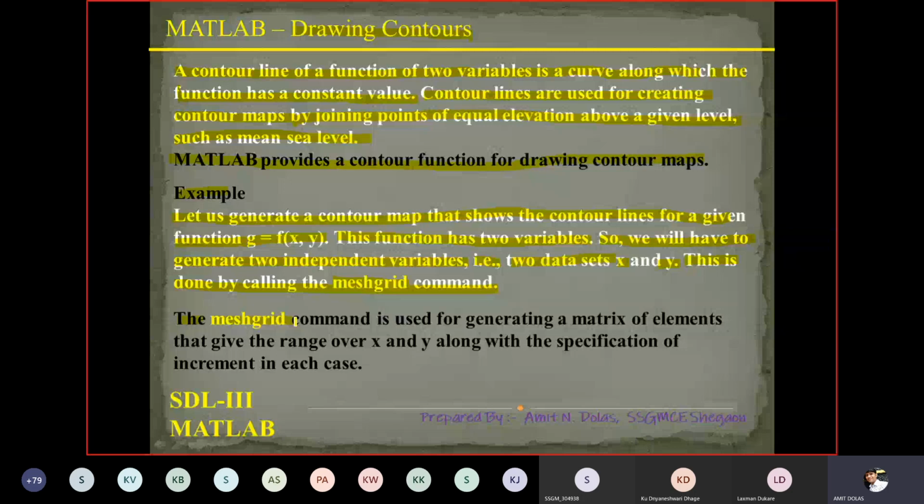The meshgrid command is used to generate a matrix of elements that gives the range over x and y along with specification of increment in each case. Suppose x is say 1 to 100, we may provide an increment of say 1, so it will be 1:1:100.